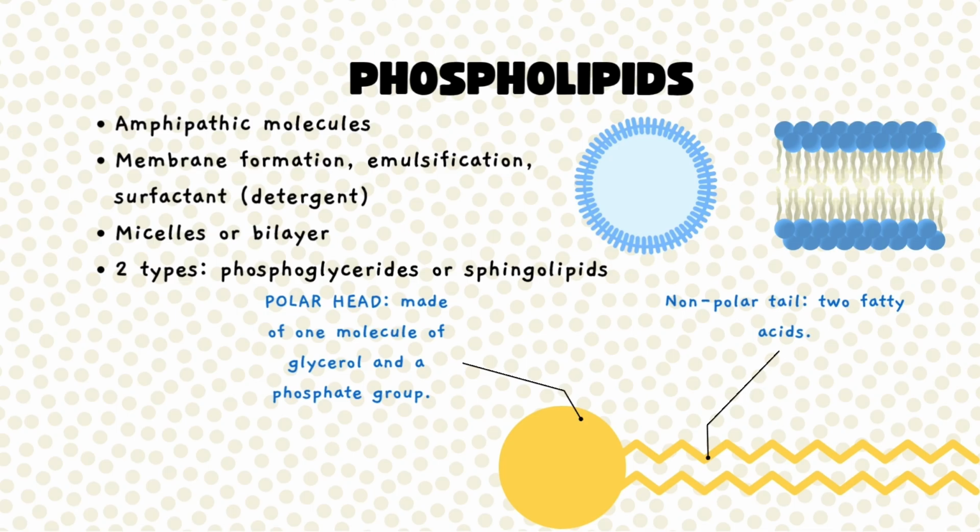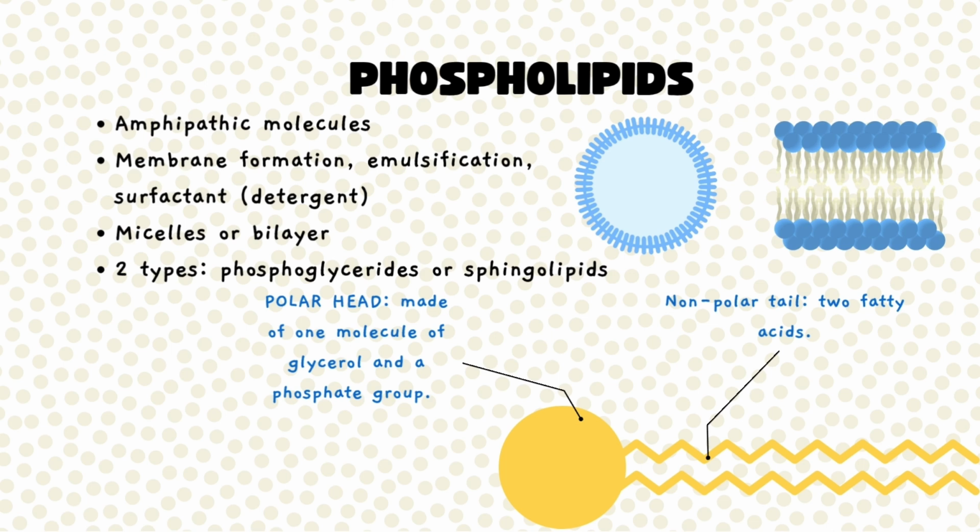So phospholipids are of two types. They can be phosphoglycerides or sphingolipids. The difference between that and a sphingolipid is a sphingolipid has sphingosine instead of glycerol. Okay, so sphingosine instead of glycerol. So phosphoglycerides is when glycerol can bind to three fatty acids or two fatty acids and a phosphate.